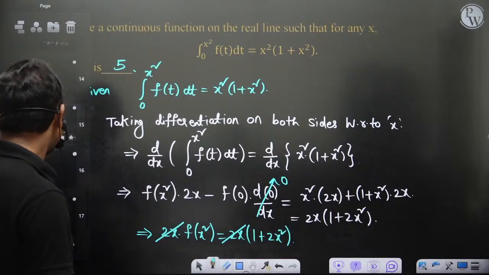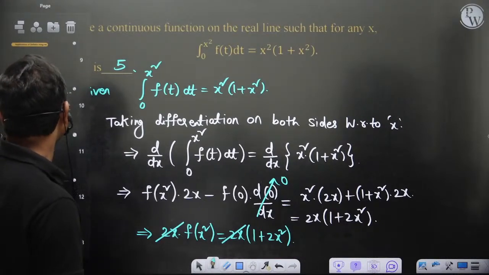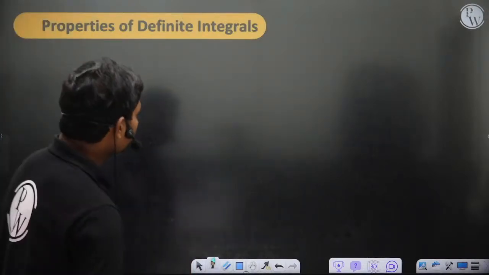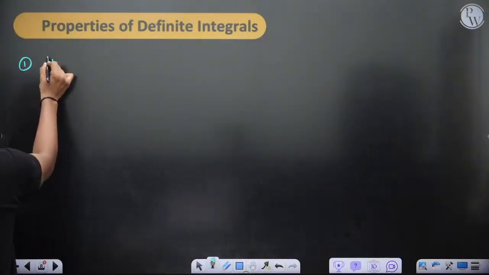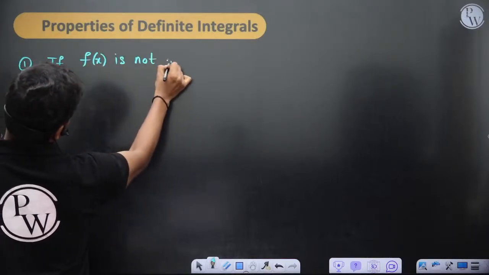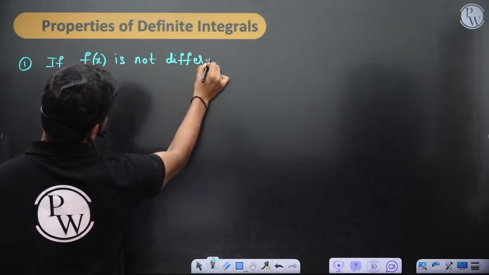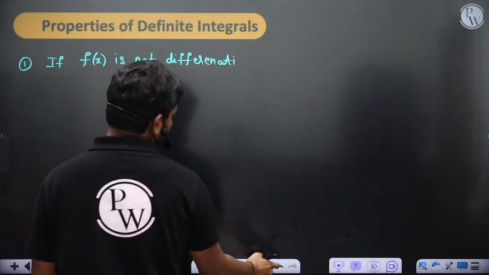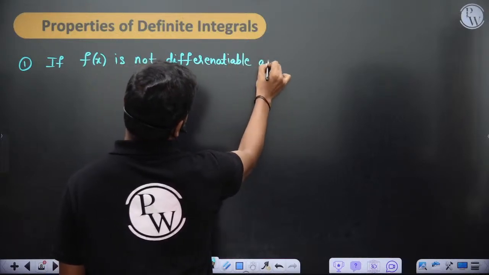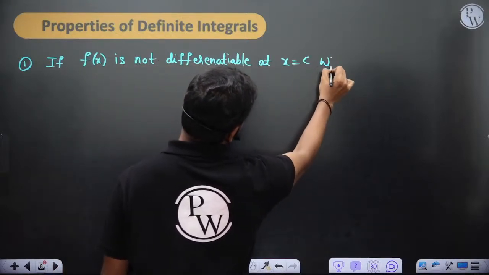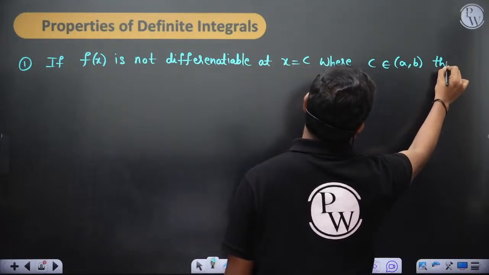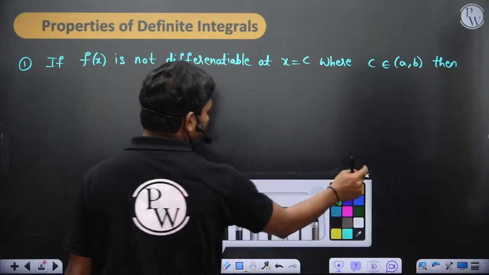Okay, fine. So let's start some properties of definite integrals. So for the first property, if f of x is not differentiable at x is equal to c, where c belongs to (a, b), then ultimately at that point, since it's not differentiable, you have to split the integration.